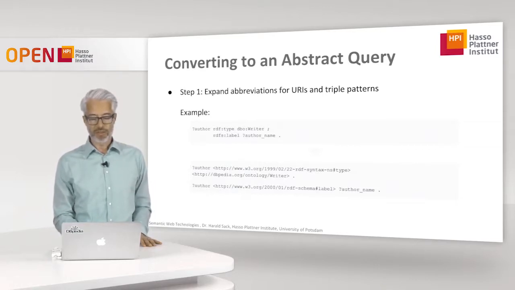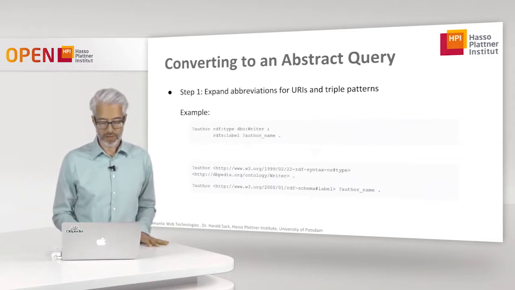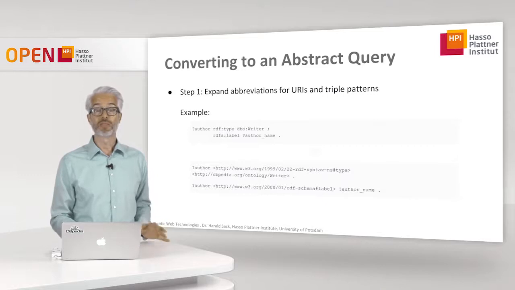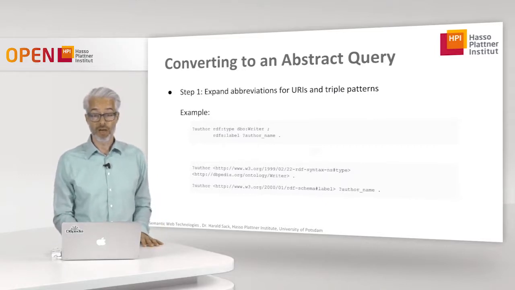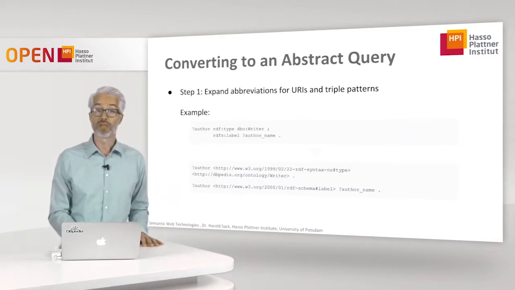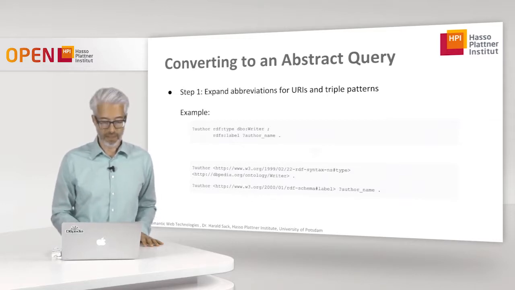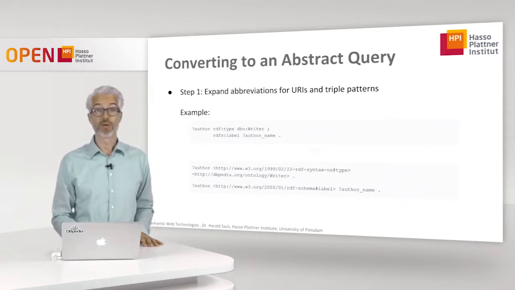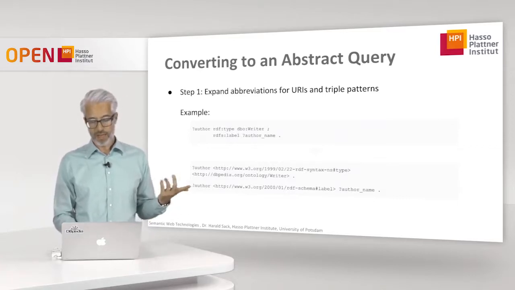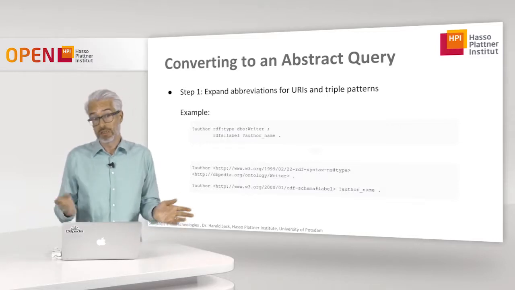And of course, we also make full-fledged triples out of the abbreviations that are possible with Turtle. So in the end, you end up with two complete triples, which are ended with a period. The properties, as you see here, contain the entire URIs of the given constants within that triple pattern, and only the variables remain the same as they are. In the lower box, you see we have author and author name as variables. So this is the first step, and this is pretty simple.